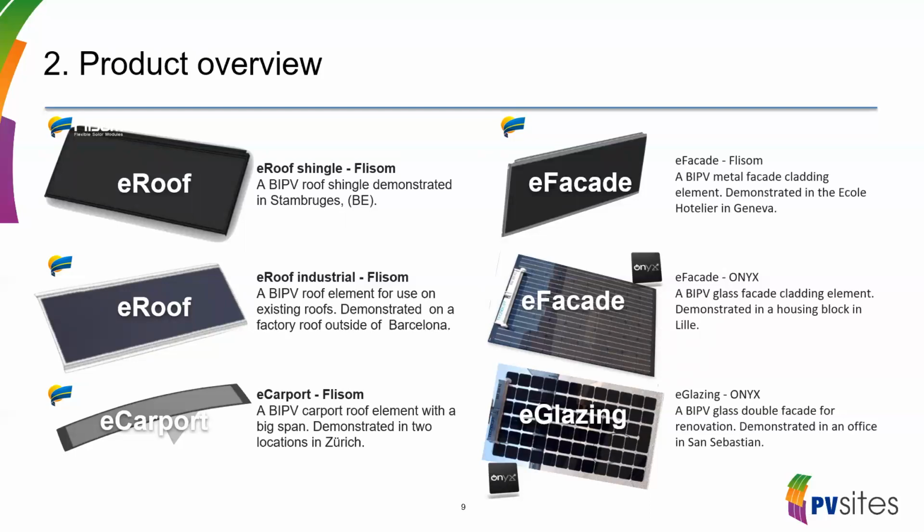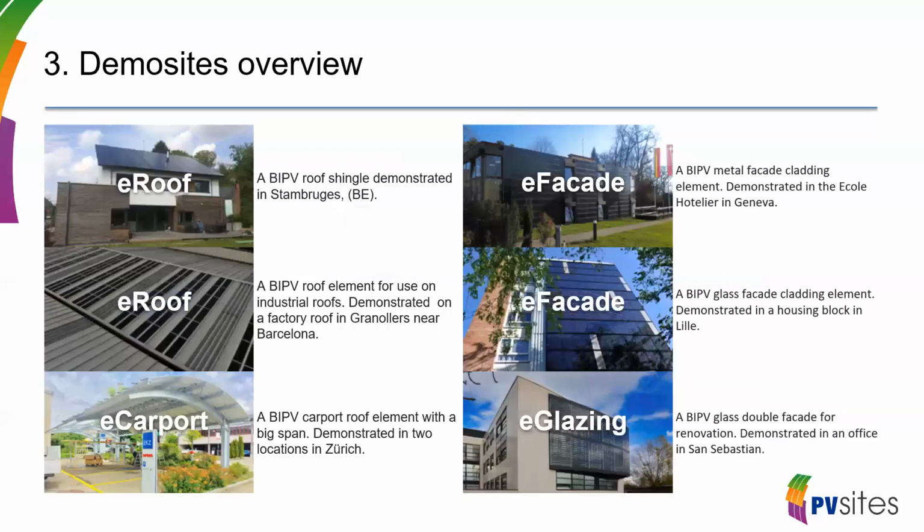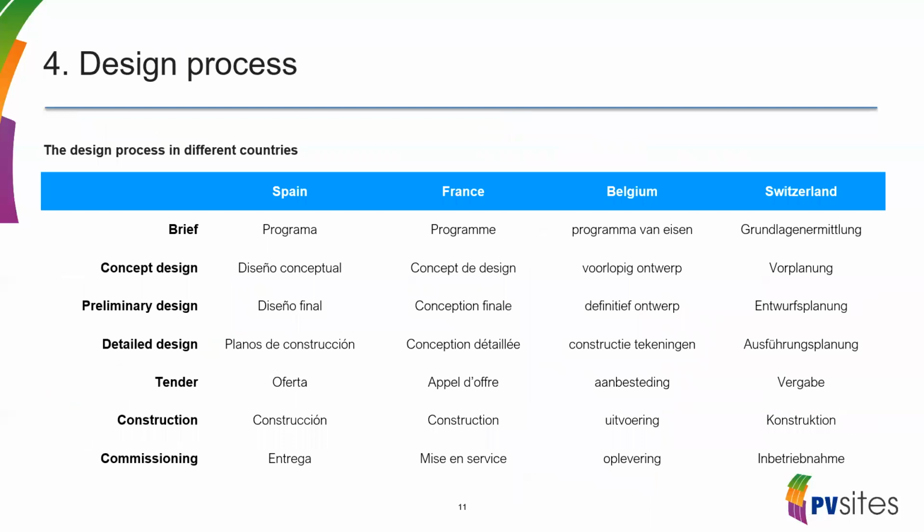That is the eFacade, used for cladding facade in a multi-family house. And we have the e-glazing that is used for the double facade in the office of Tecnalia. Next. Yeah, this page connects. This is actually the pictures of the demonstration projects, belonging to the different types of products. Next one.